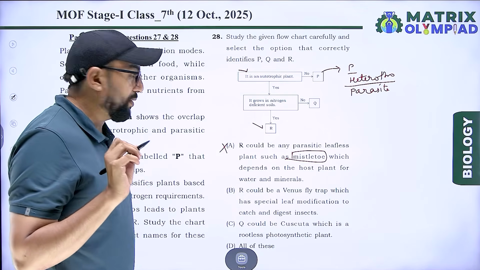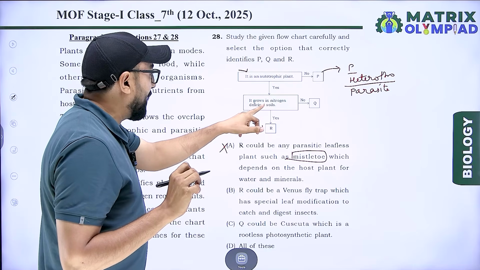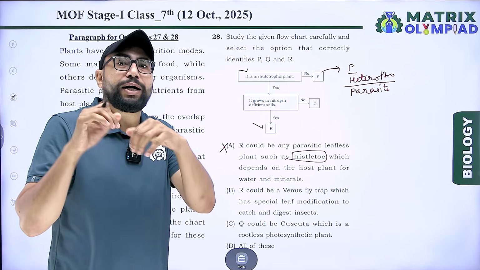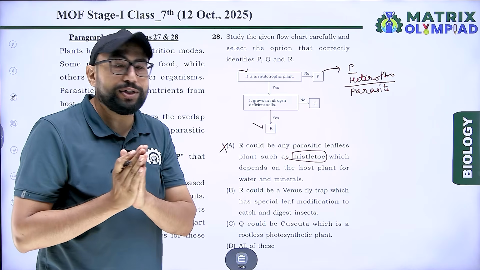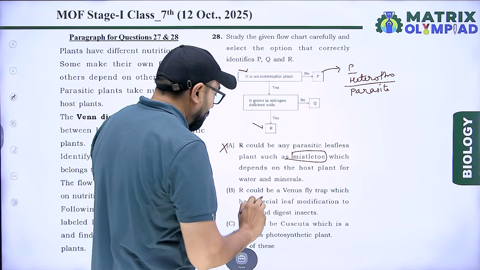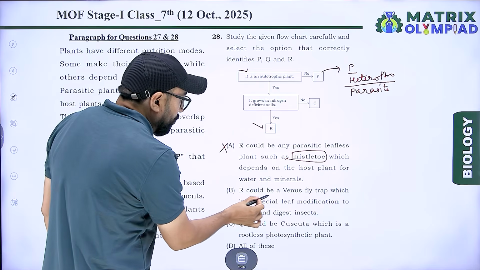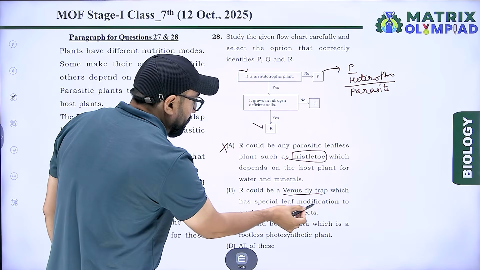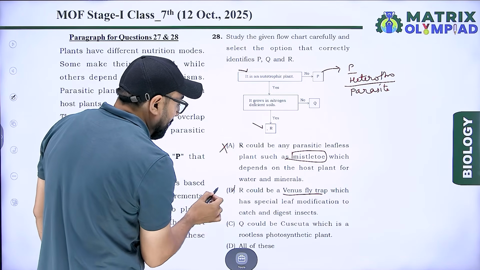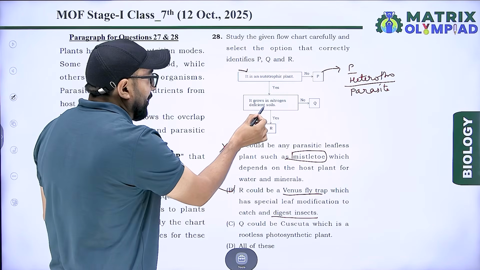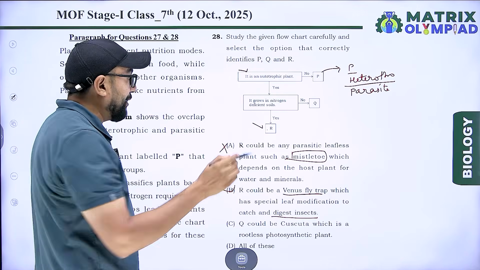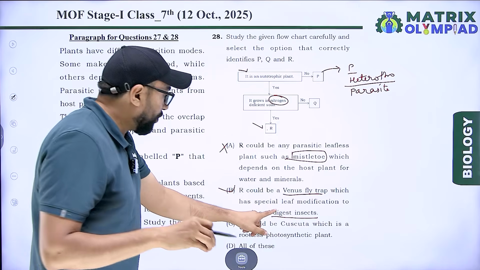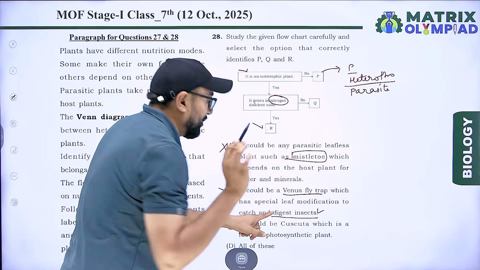R grows in nitrogen deficient soil and gets nitrogen from another source, like an insectivorous plant. R could be Venus flytrap, which has special leaf modification to catch and digest insects, because in nitrogen deficient soil it completes its nitrogen need from digested insects.